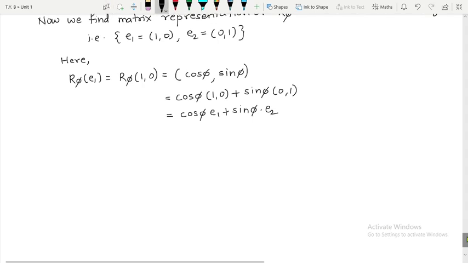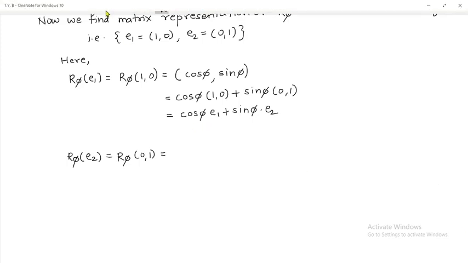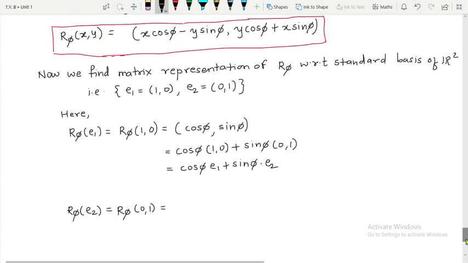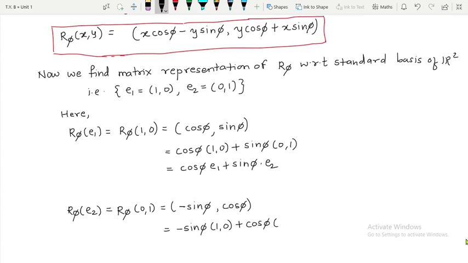So what will be R_φ of E2? R_φ of (0, 1) will be equal to, putting x = 0 and y = 1, we get (−sin φ, cos φ), which can be written as −sin φ (1, 0) plus cos φ (0, 1), which is further equal to −sin φ E1 plus cos φ E2.